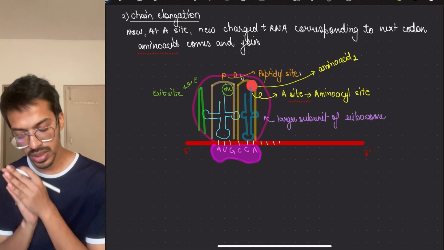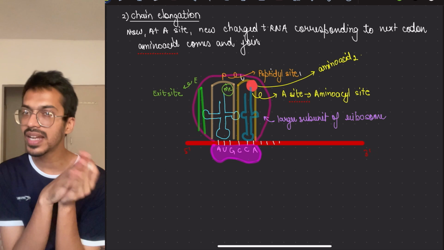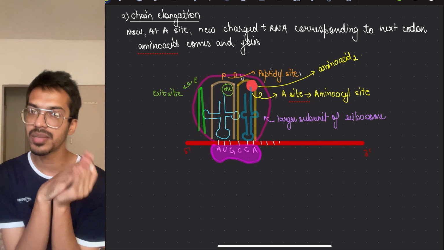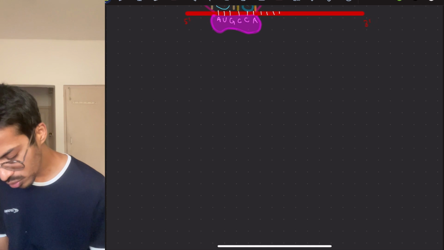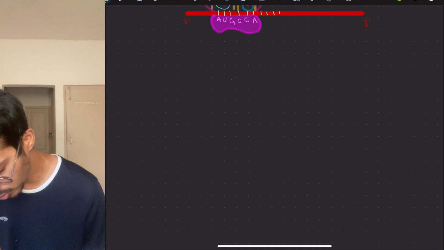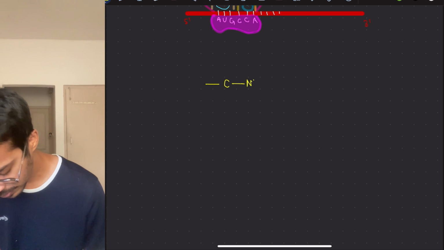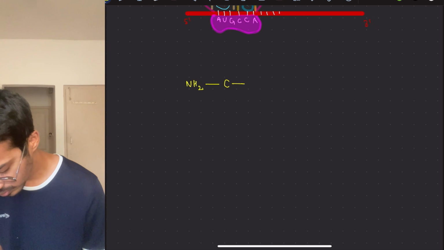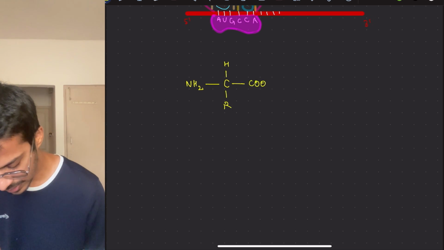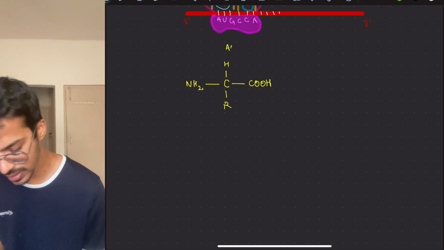Now what will happen? This methionine and the next amino acid, the first amino acid and second amino acid, will make a bond. Why will they make a bond? If you know amino acids, how an amino acid looks: this is carbon, ammonia, H and R, and this is COOH. This is amino acid 1.